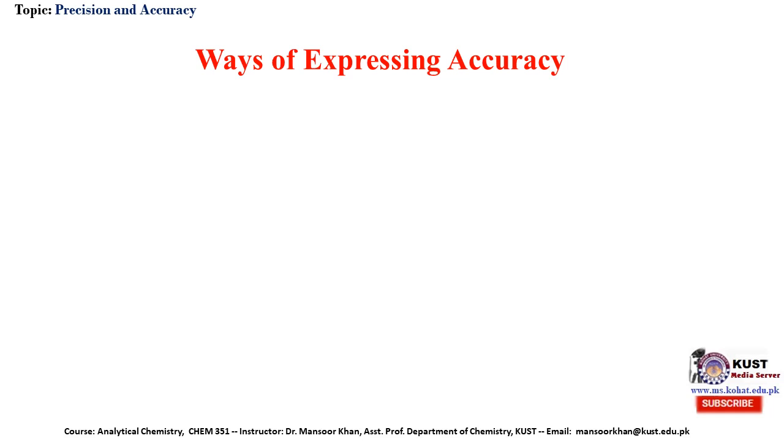Now the first one is ways of expression of accuracy, or we simply can say measurement of accuracy. We will discuss how accuracy can be measured. It will explain how two results are compared based on accuracy.